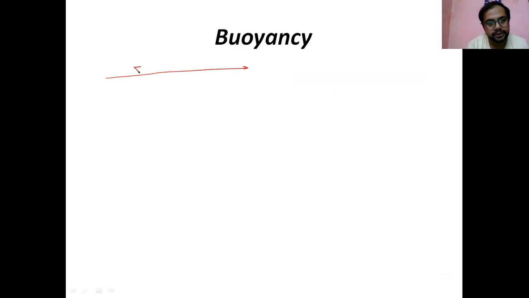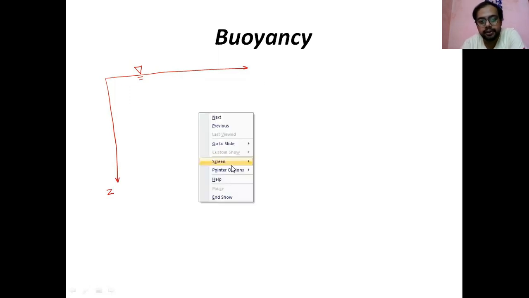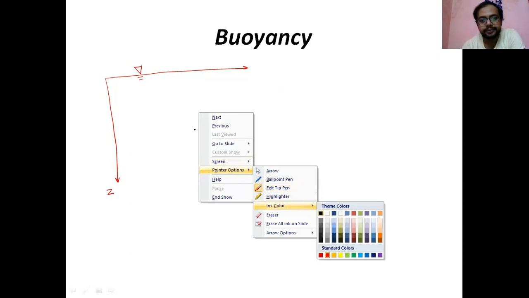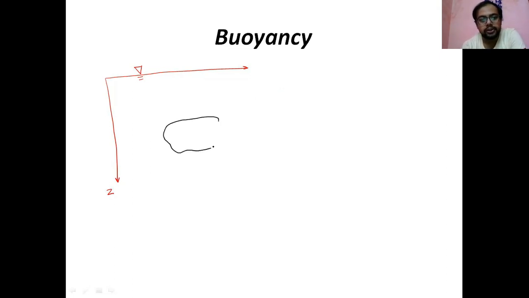That is a free surface, and the depth along this is the z-axis. Now consider one arbitrary solid body in a submerged condition.